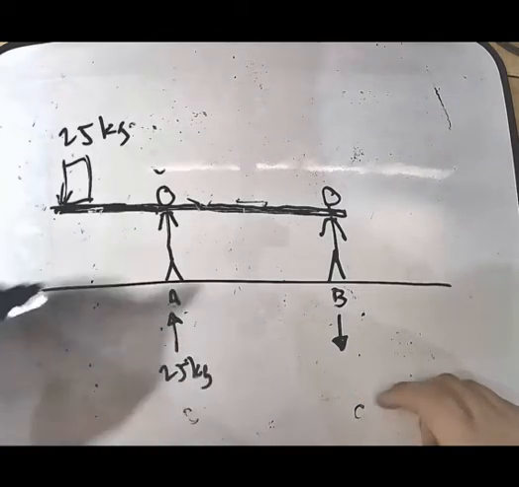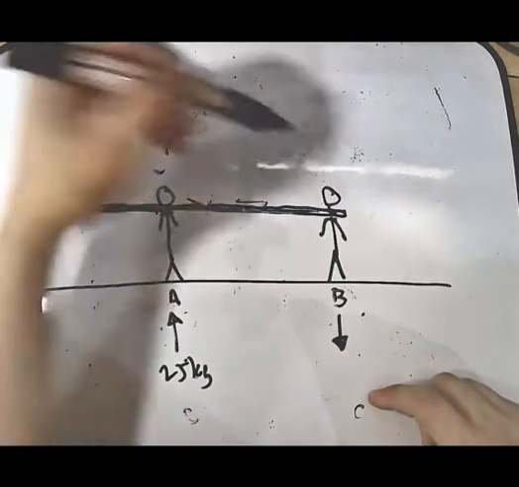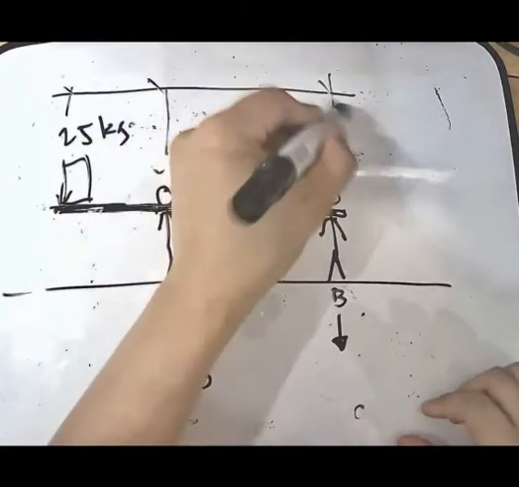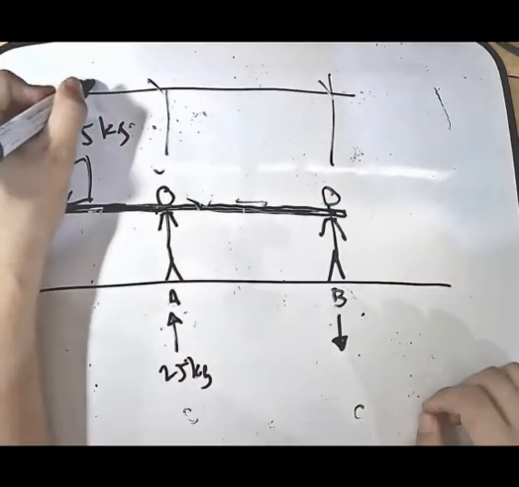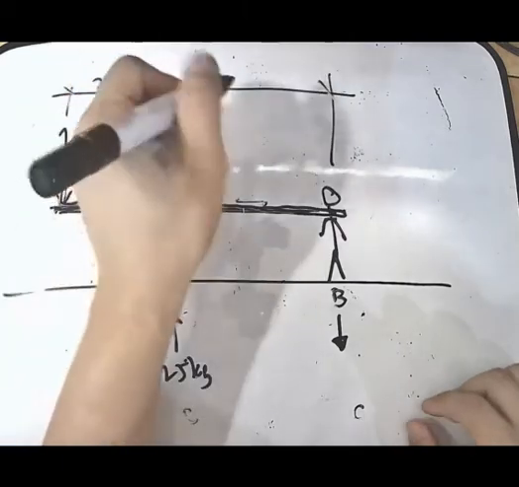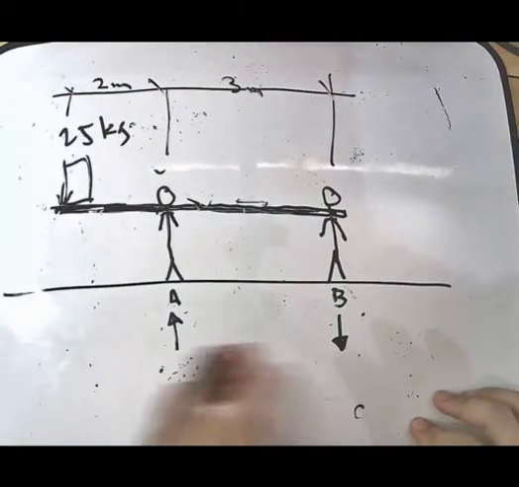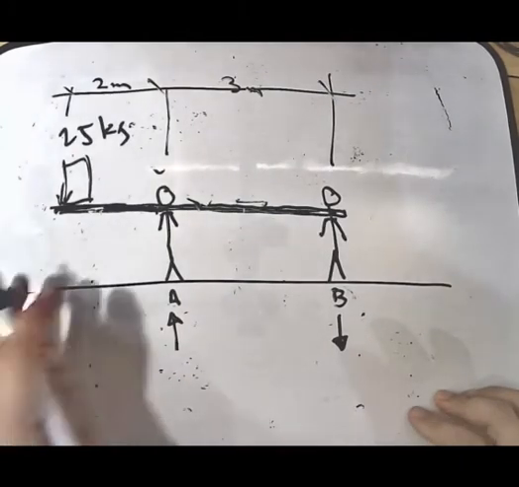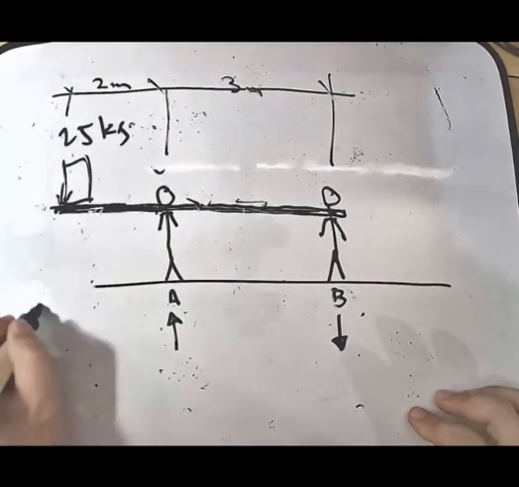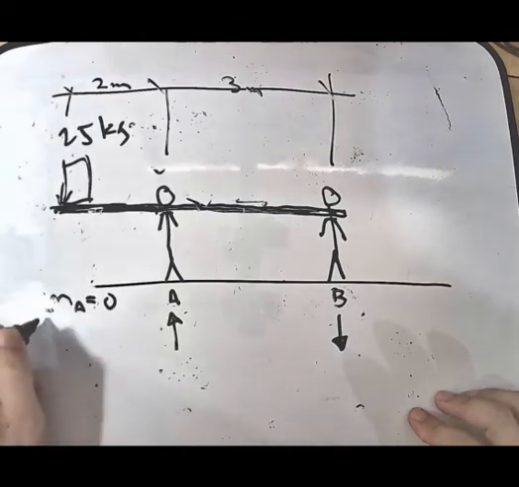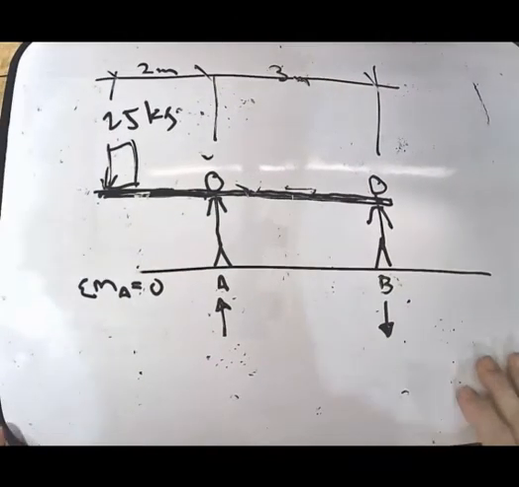Okay, so let's take a sample. Let's say gawin natin tong 2 meters. Tapos ito gawin nating 3 meters. Okay, so ano ang reaction ni A? Summation moment at A equal to 0. Hindi na natin ilalagay yung clockwise direction.